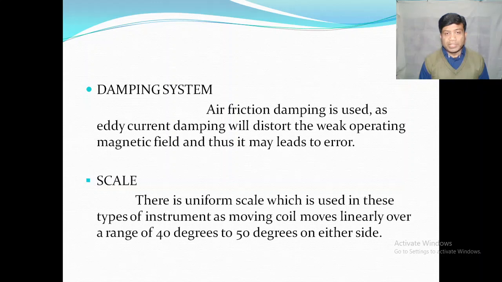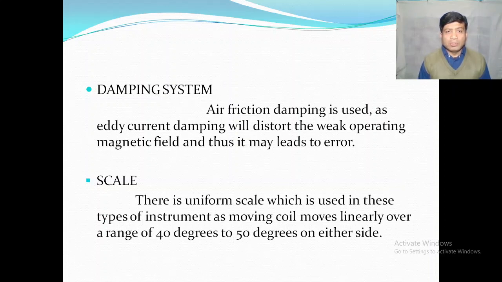Whenever we apply the measuring current to the instrument, the needle gets deflected in certain direction, and when it gets balanced, just before that point, there are to and fro oscillations of the needle.